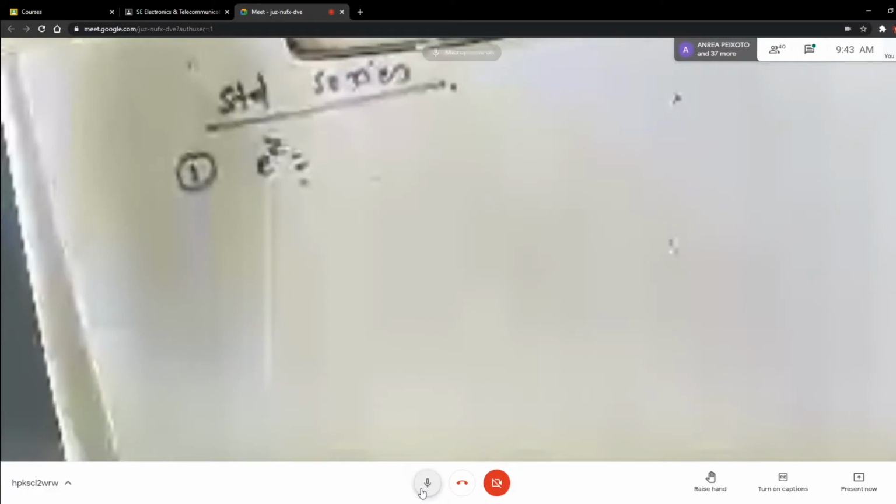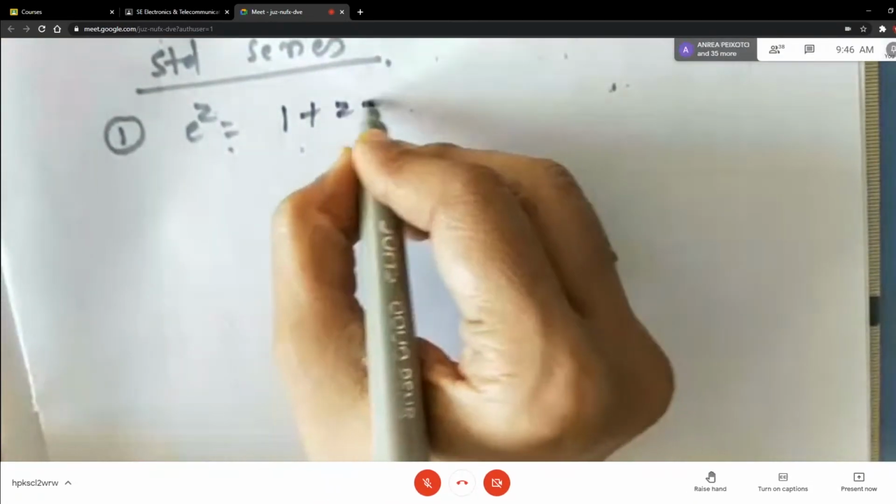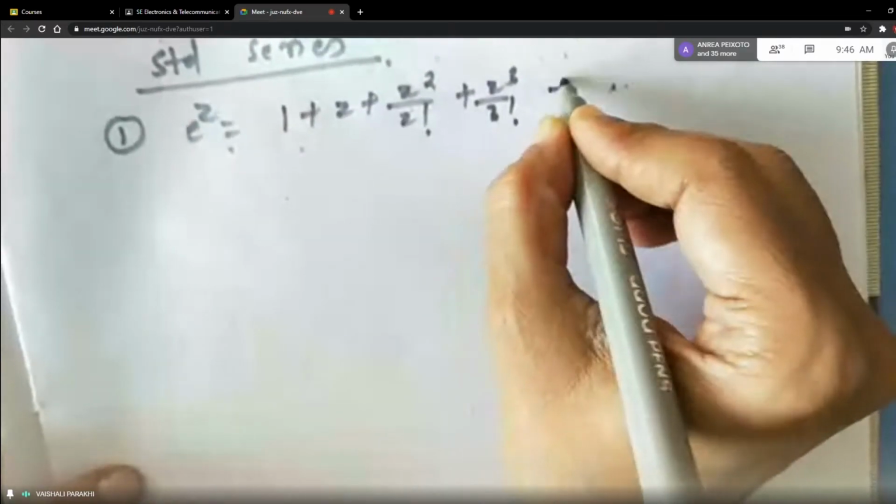Let us take this as the standard series. Akash, can you tell what is e raised to z? Do you remember? 1 plus z plus z square by 2 factorial plus z cube by 3 factorial and so on.